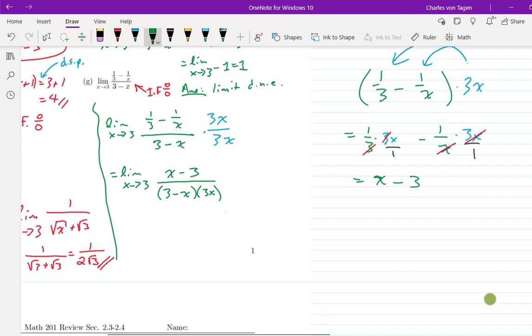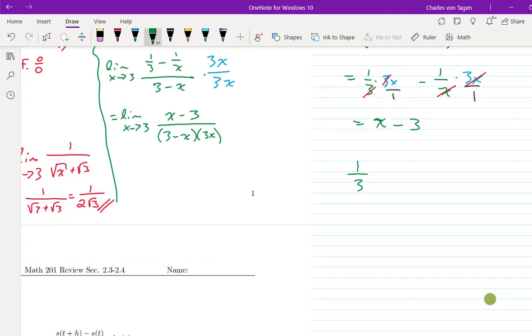Like if I took 1/3 minus 1 over x times 1 over 3x, that would make this denominator 1 over 9x, and that would make this denominator 1 over 3x squared. Right? And we've just made it messier. What you could do is try to get a common denominator inside here and add the fractions, but I'm discouraging students from going that way. I'm not saying you can't. I'm discouraging it. So folks, one more step.